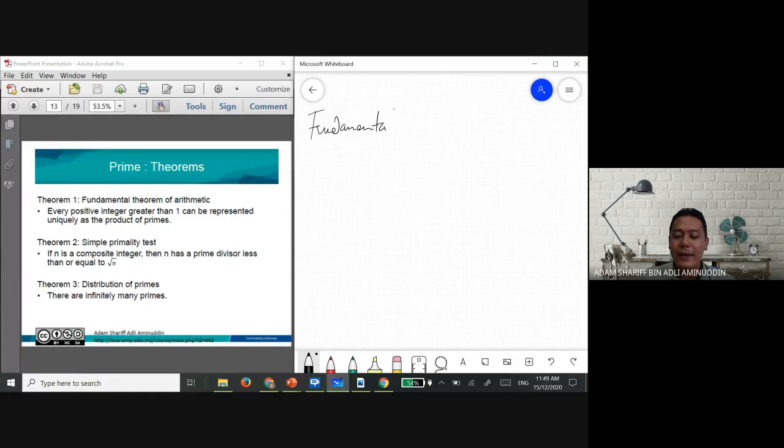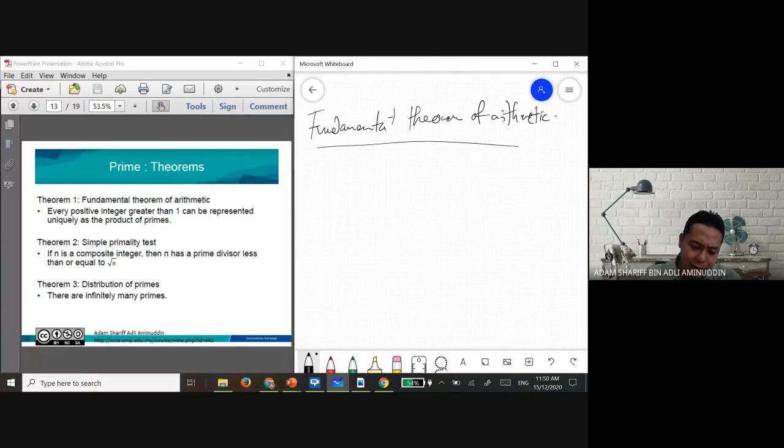Okay, this is a very important theorem of arithmetic, which is not being taught in the previous level of teaching, I suppose. Fundamental theorem of arithmetic states that every positive integer larger than 1 can be represented uniquely as the product of primes.